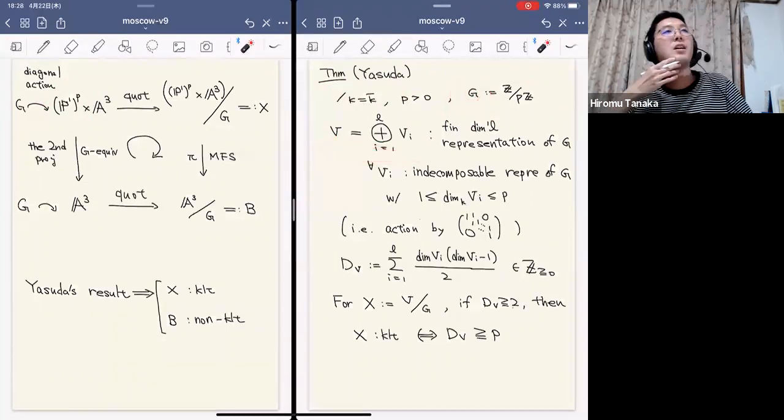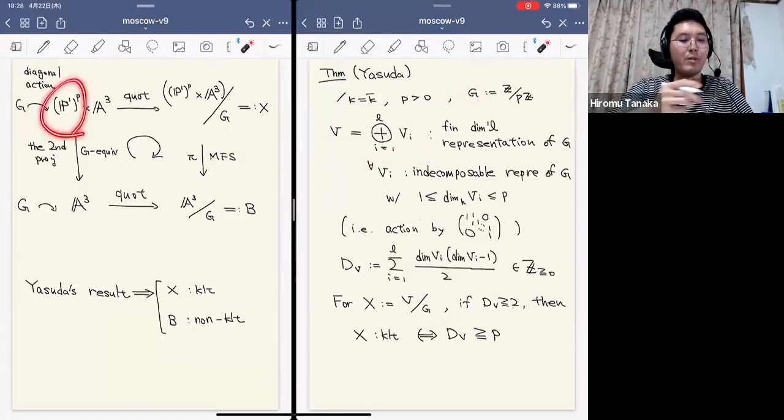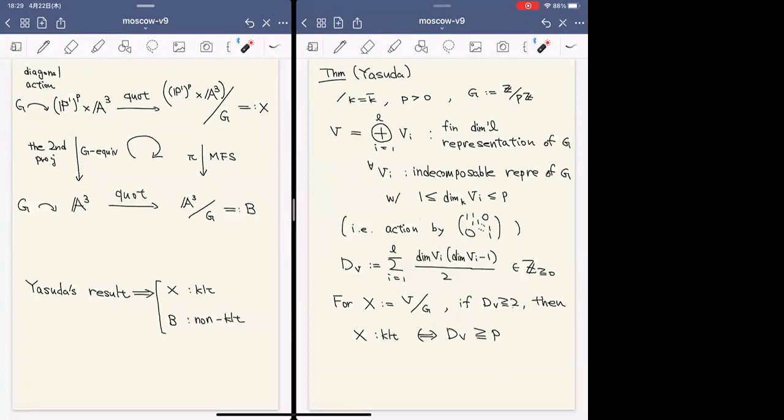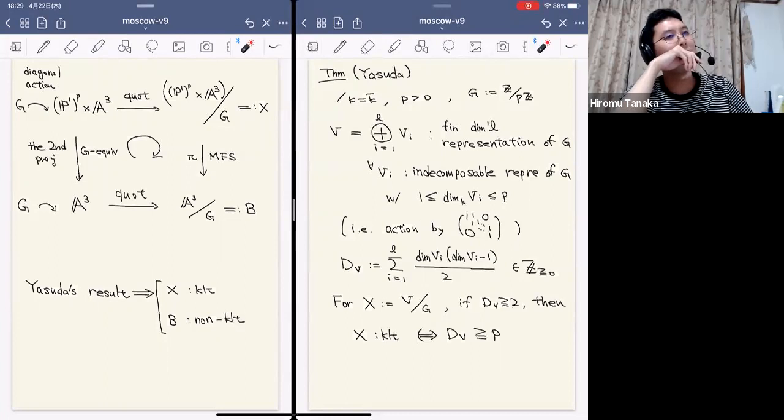But if I remember correctly, if we replace this one by the P minus one dimensional projective space, I guess. Right. Yeah. But if I remember correctly, it was hard to apply this theorem. At least I have considered it once, but yeah.